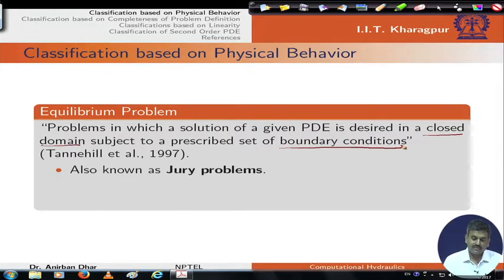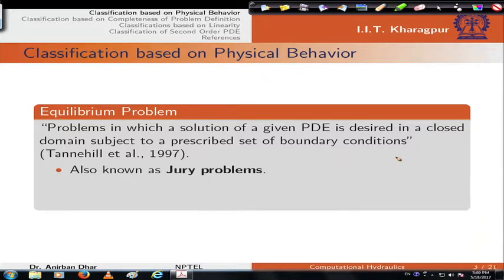In our previous unit, we discussed initial conditions and boundary conditions. So, for an equilibrium type of problem, we need one governing equation and the corresponding boundary conditions. This kind of problem is also known as jury problems, because boundary conditions act as jury.